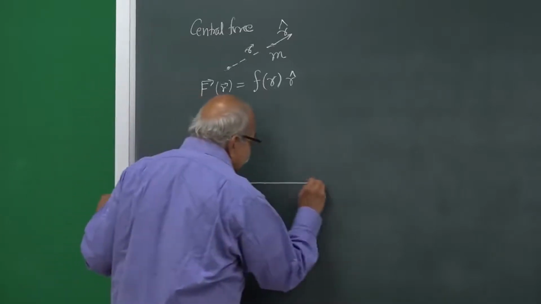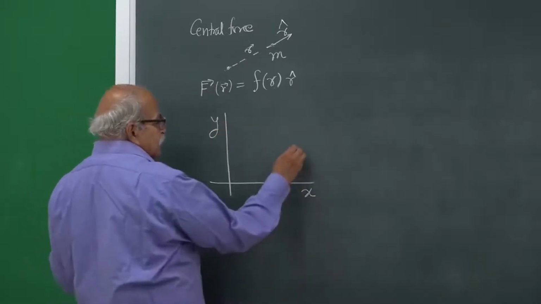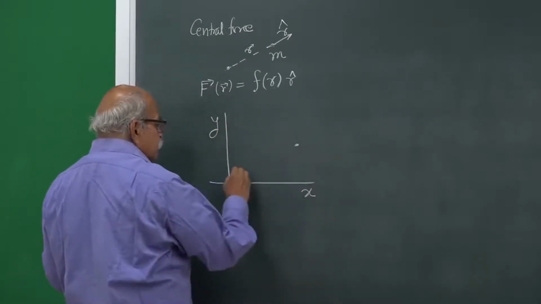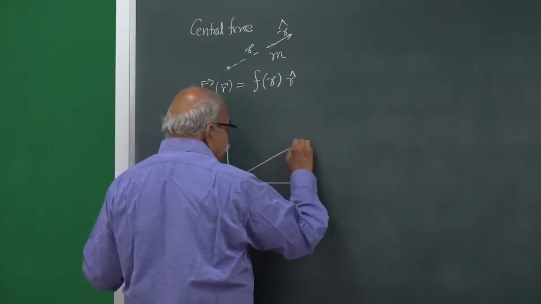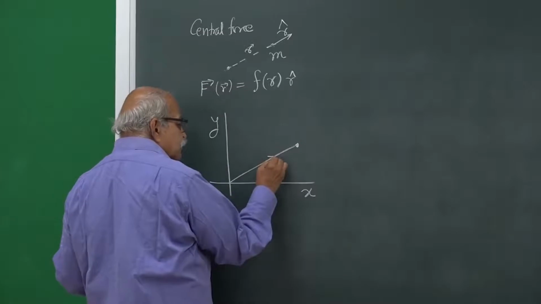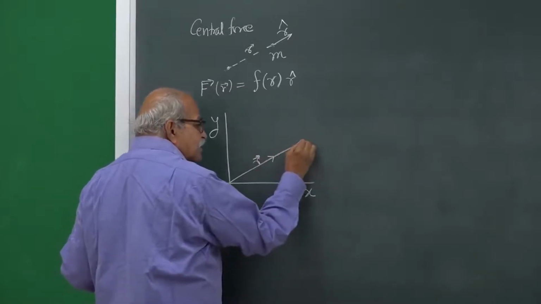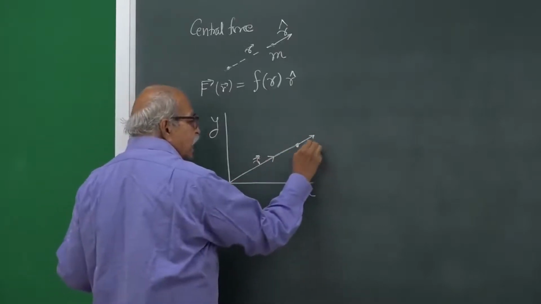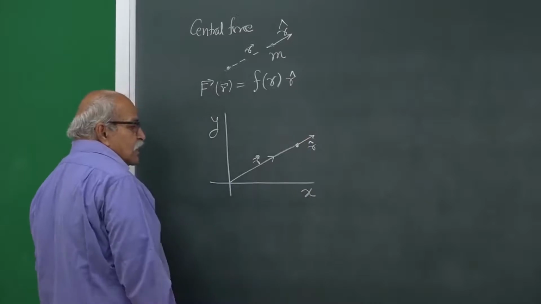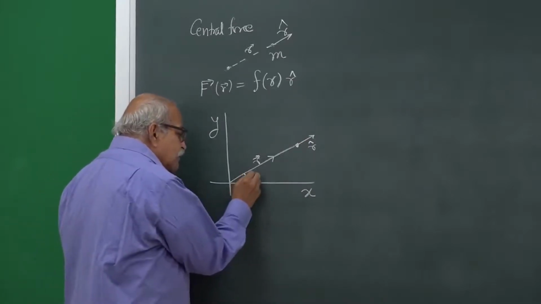So, I have x axis and y axis, and then the particle is somewhere, and if I join the position of the particle from the origin, this vector is the position vector r, and the unit vector along this position vector is known as r cap, and then this angle I can call theta.